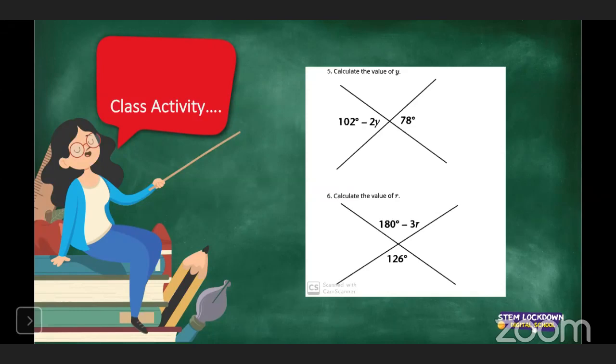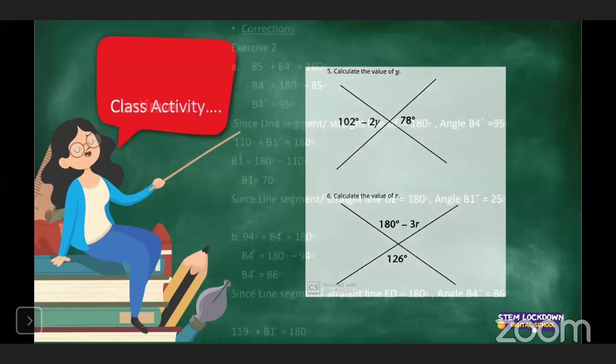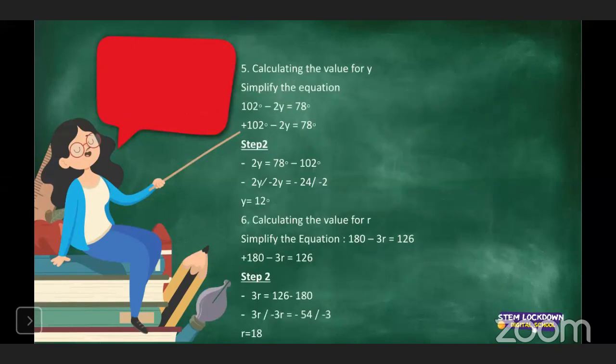So when we have our equation, we'll have 102 degrees minus 2y equals 78 degrees.